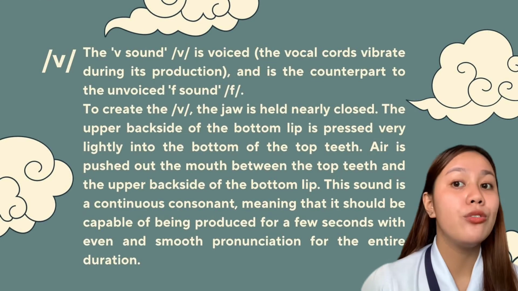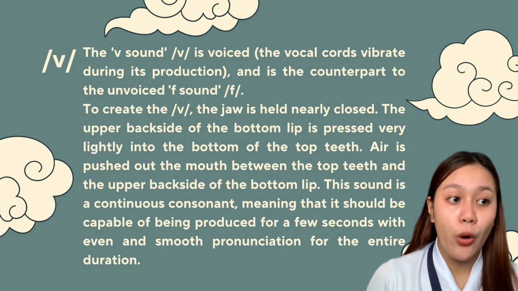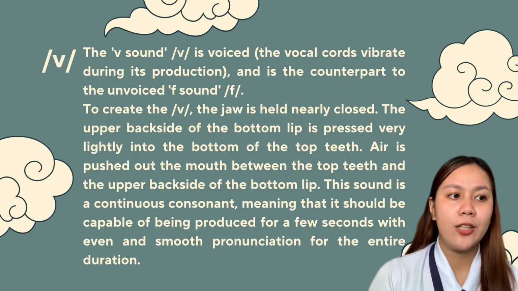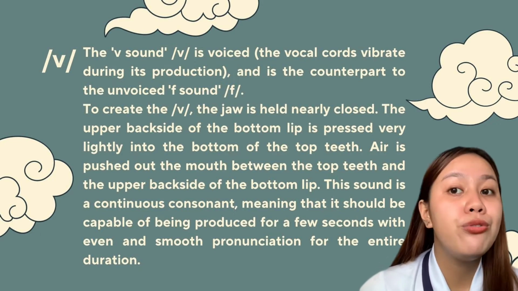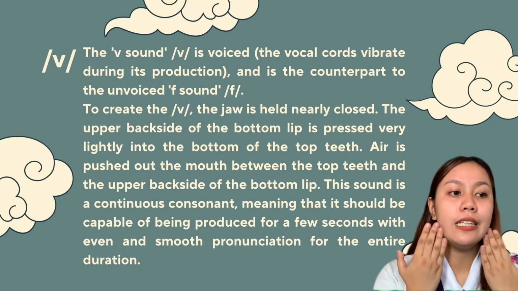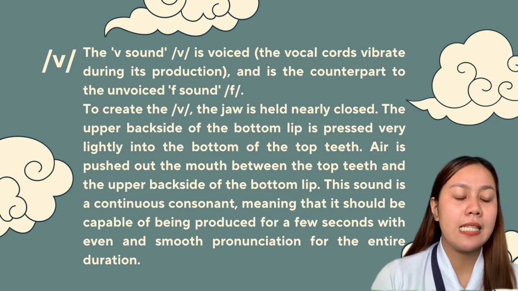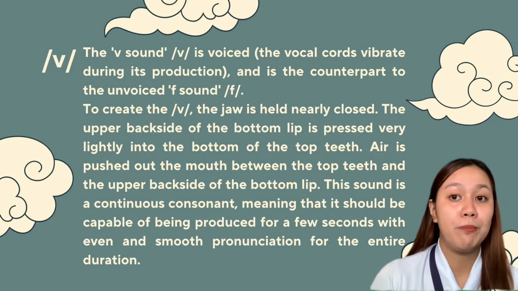Next is the /v/ sound. So the /v/ sound is voiced. The vocal cords vibrate during its production and is the counterpart to the unvoiced /f/. So to create the /v/, the jaw is held nearly closed. The upper backside of the bottom lip is pressed very lightly into the bottom of the top teeth.